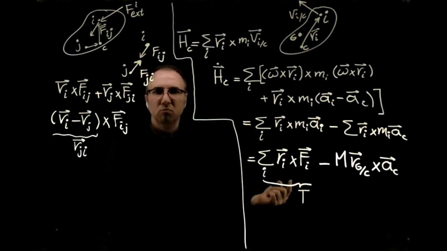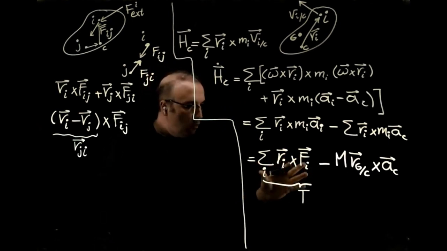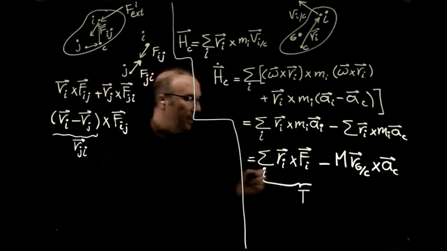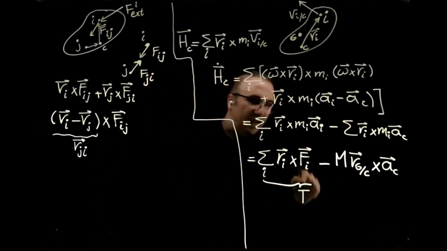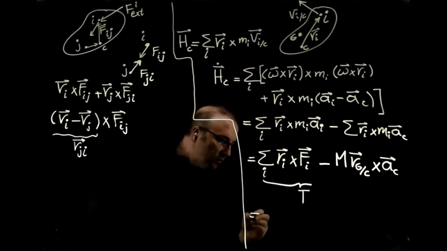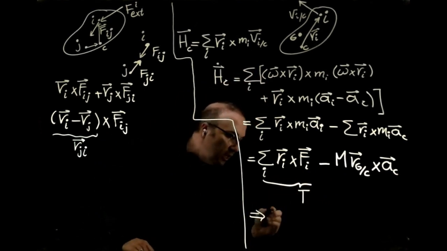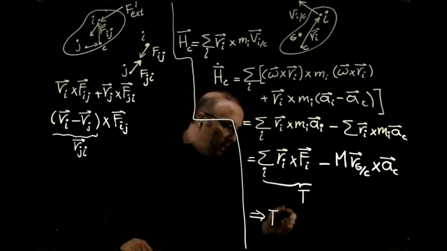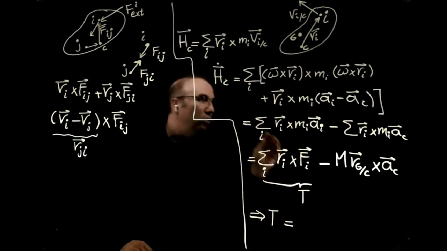This is T, or you can call it M, sometimes moments. So this is all the torque that it is applied on that rigid body. Then minus that. So I can write this.